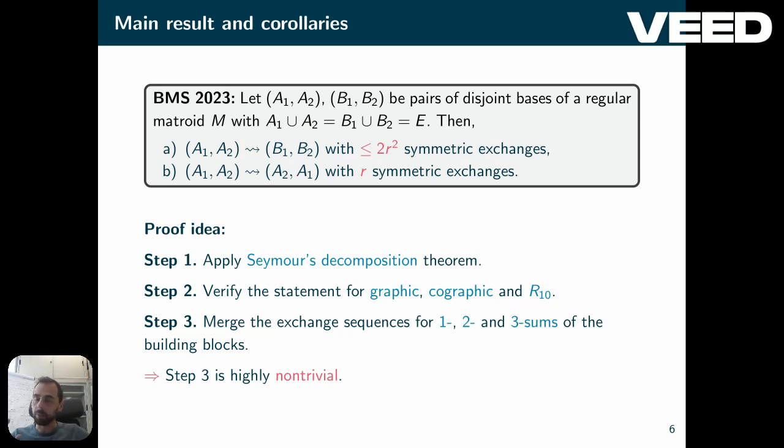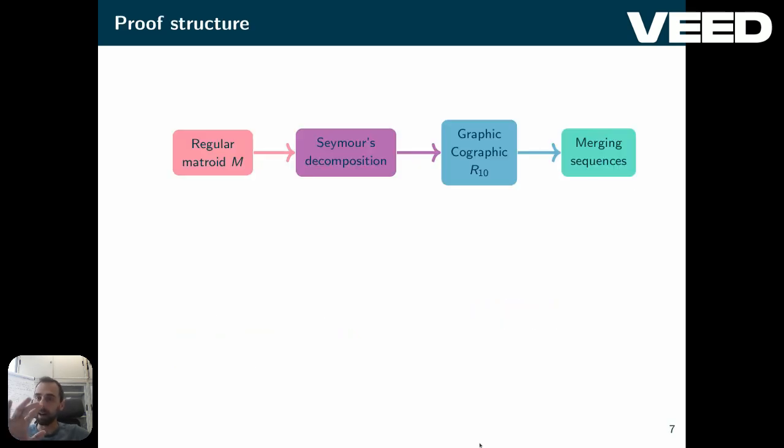So in the rest of the talk, let me just highlight the key ingredients of the proof. Once again, this is the high-level idea. We take a regular matroid, we consider its decomposition provided by Seymour's result, we find exchange sequences in the smaller parts, the graphic, the co-graphic, and the R10 parts, and then we merge these sequences together. That's the idea.